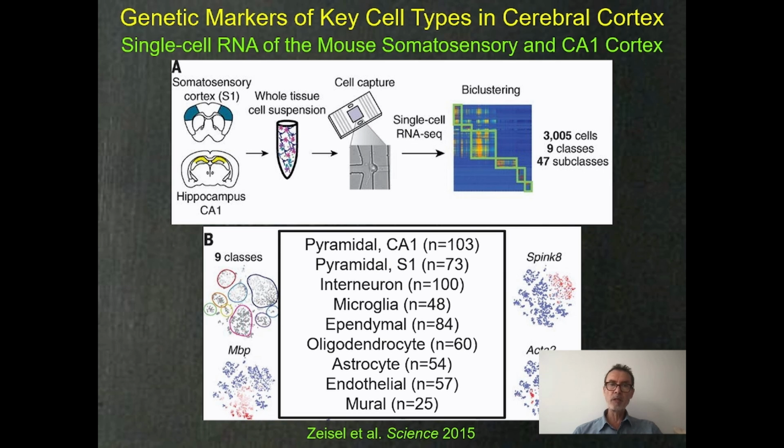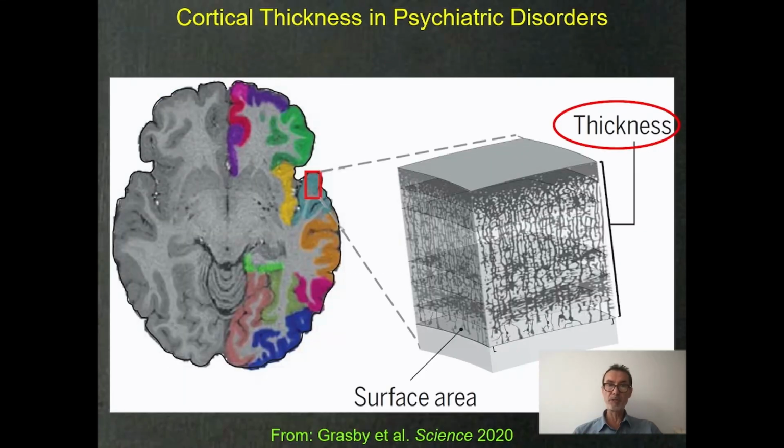So again, we are correlating interregional profiles of gene expression in the cerebral cortex of these cell-specific gene markers with interregional profiles, in this case, of thickness or surface area.